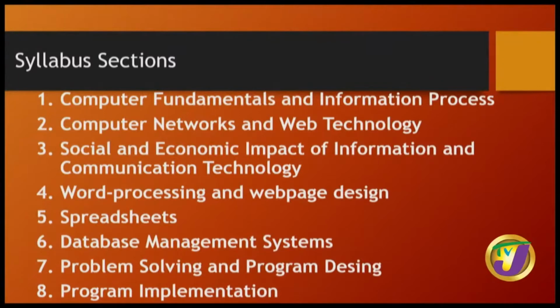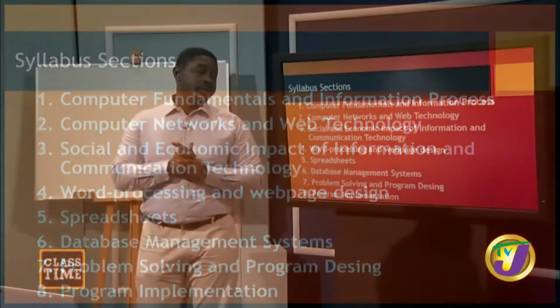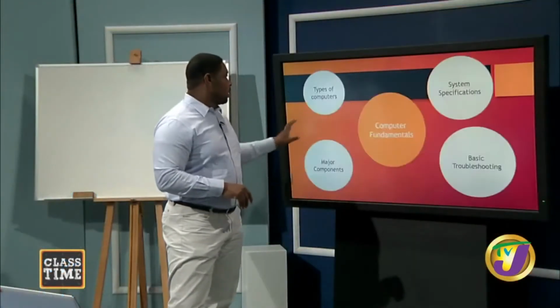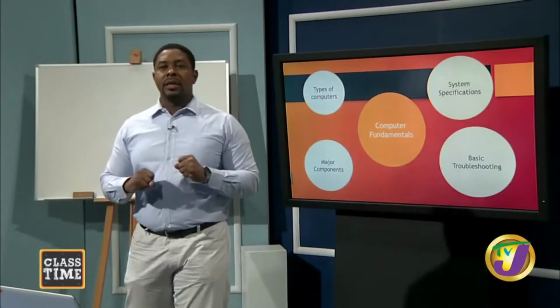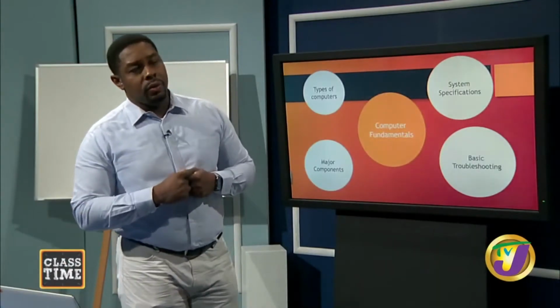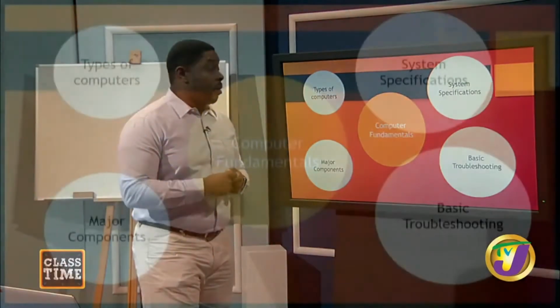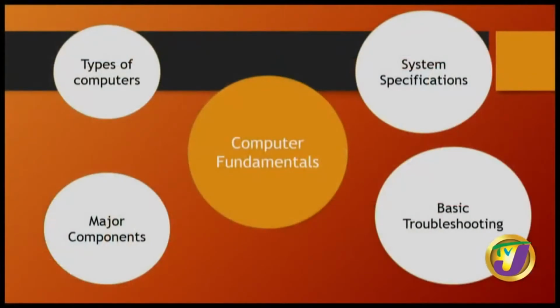So we talk about information and communication when we talk about computers and computer technology. Then we look at word processing and web page design, spreadsheet, database management system, problem solving and program design, and program implementation. So these are the basic topics of your syllabus. So computer fundamentals normally starts with hardware, or maybe your teacher decides to start with something else.